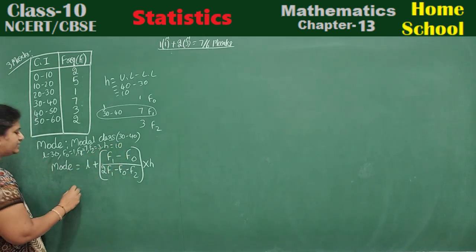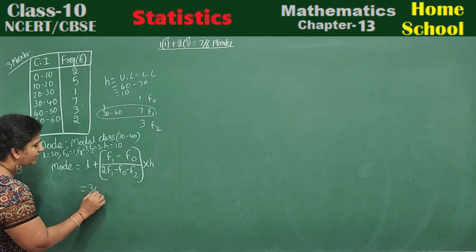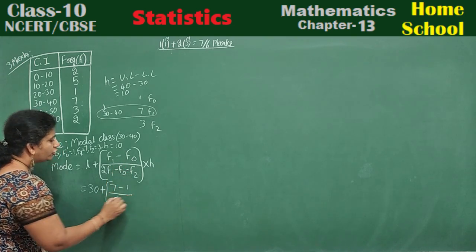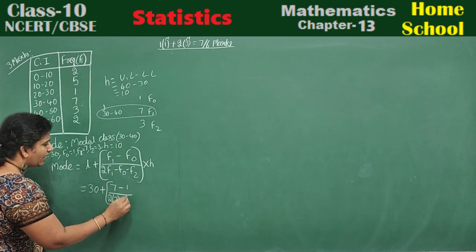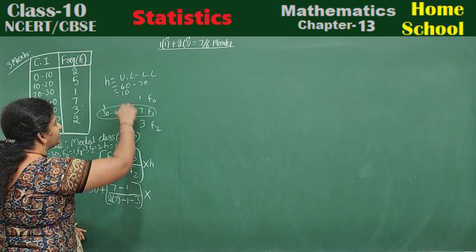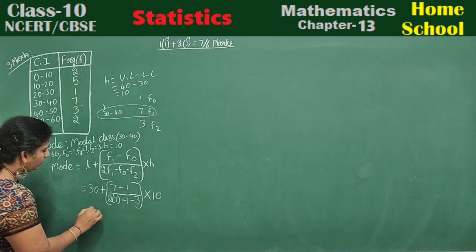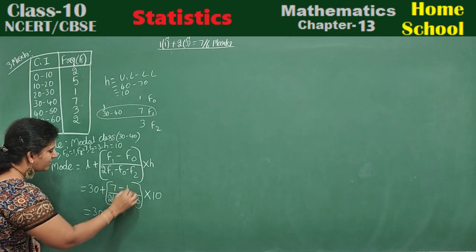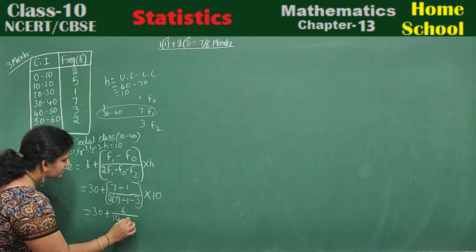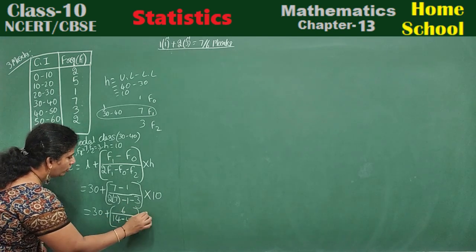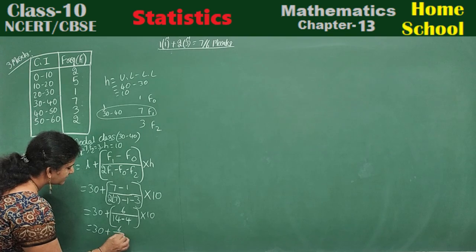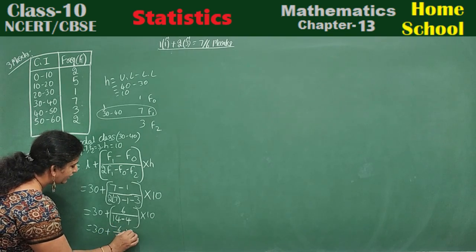Substitute all this in the formula. L value is 30 plus (F1 is 7, F0 is 1) by (2 into 7 minus 1 minus 3) into H, H is 10. 30 plus 7 minus 1 will be 6. 2 7s are 14, minus 1 minus 3 will be minus 4, so 10, into 10.